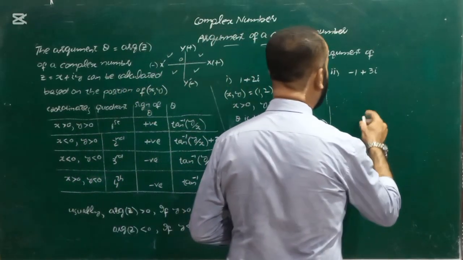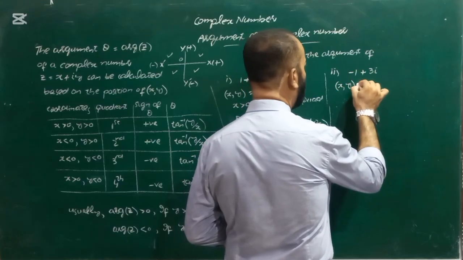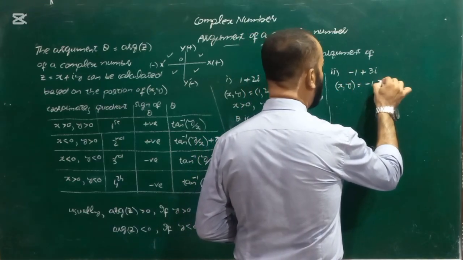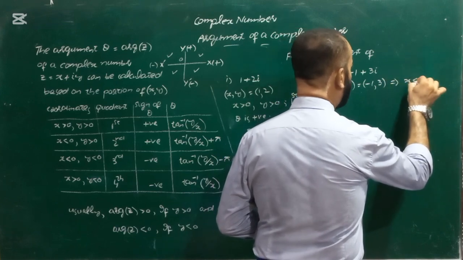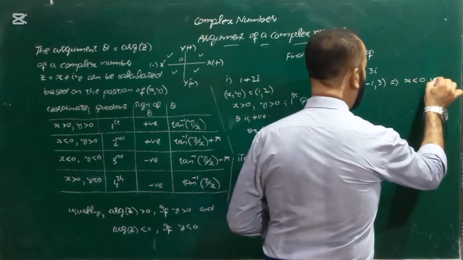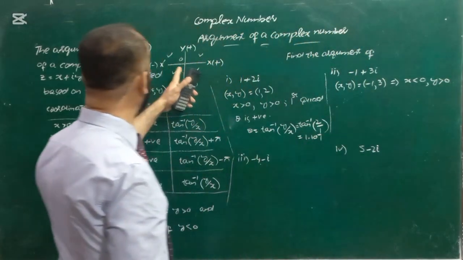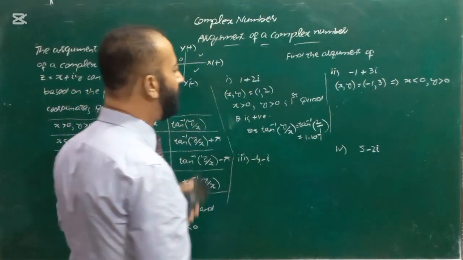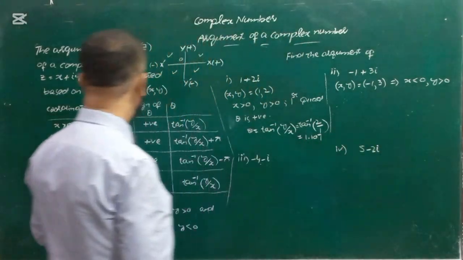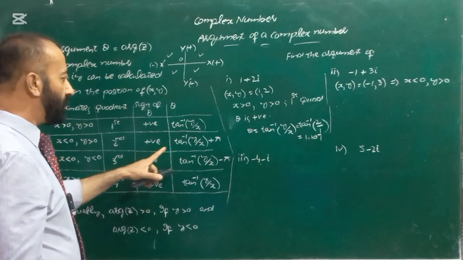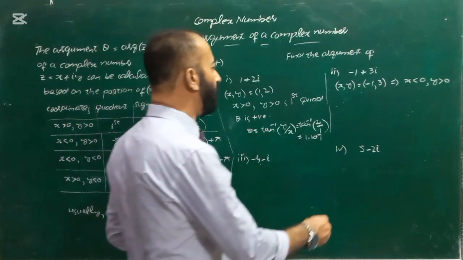Likewise, if you come here, x and y will be minus 1 and 3. From here you can see x is lesser than 0 and y is greater than 0. It means second quadrant. So in the second quadrant, theta is positive and tan inverse y by x plus pi is the formula.